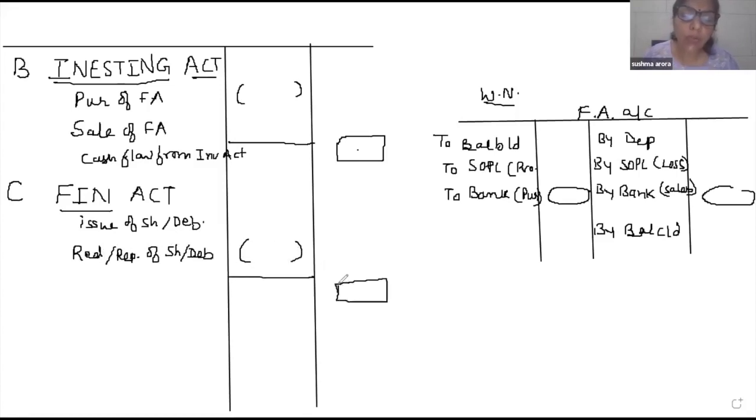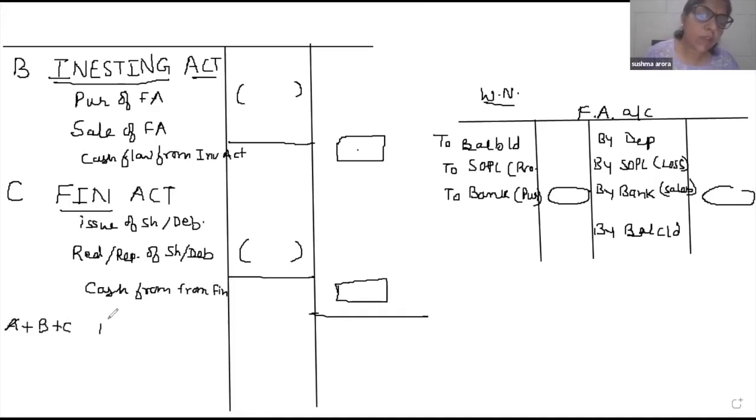So you can come to know here cash flow from financing activity. Now all that A plus B plus C, your answer will be net flow from all activities.